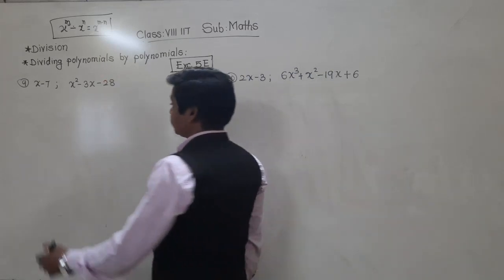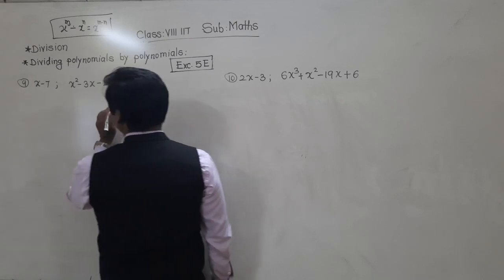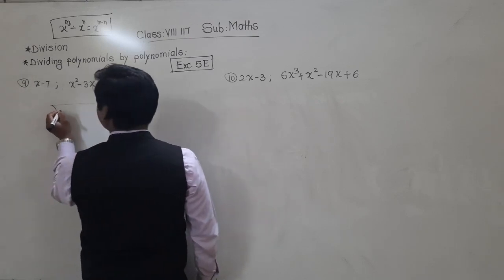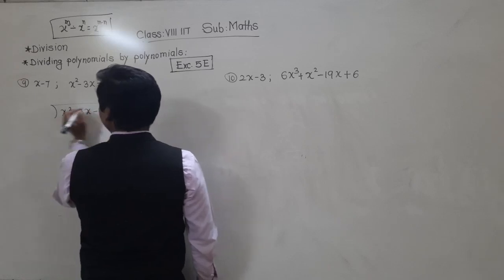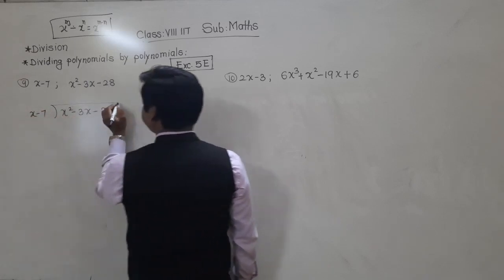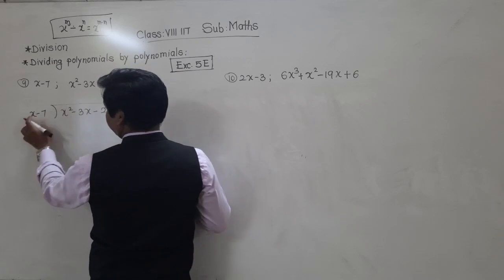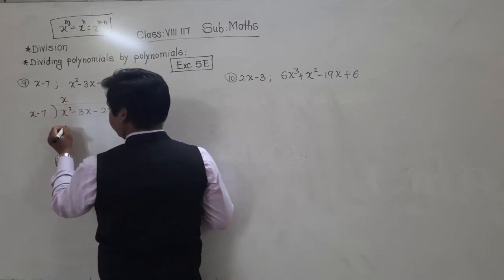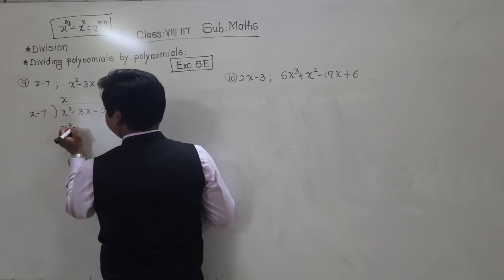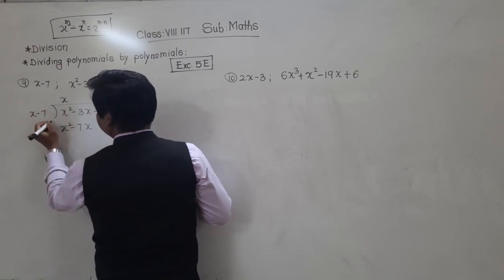Okay, so we do not have to do anything different, just divide as usual, as we have done in the first question. X minus 7, okay? Now see, x square divided by x gives x. So x into x, x square, x into minus 7, minus 7x.